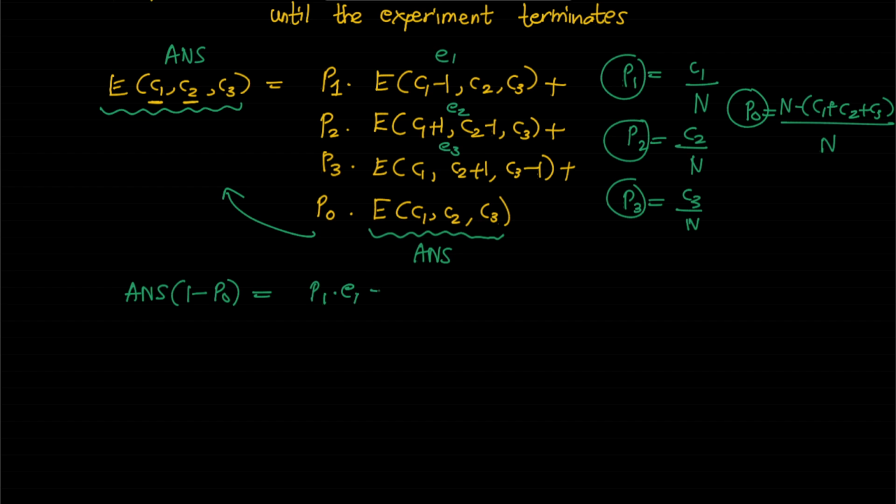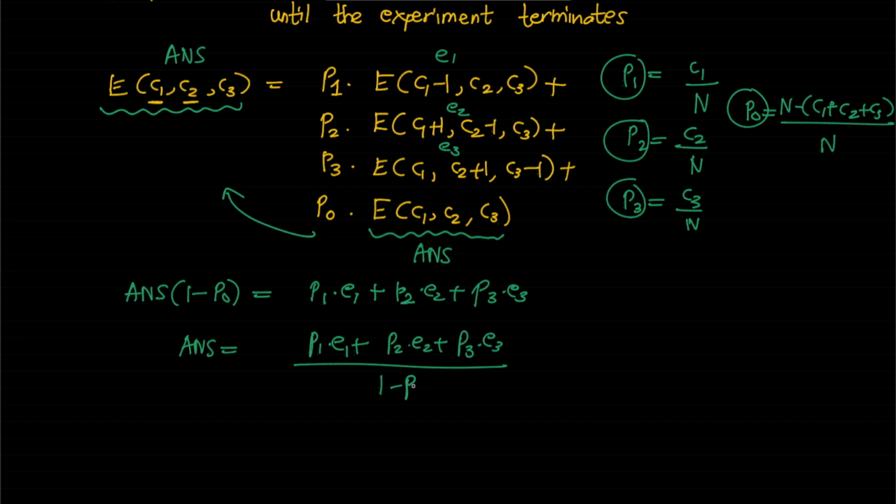This will be P1 E1 plus P2 E2 plus P3 E3, and the final answer for this will be P1 E1 plus P2 E2 plus P3 E3 whole divided by 1 minus P0, and the values for P1, P2, P3 are as what we saw here.